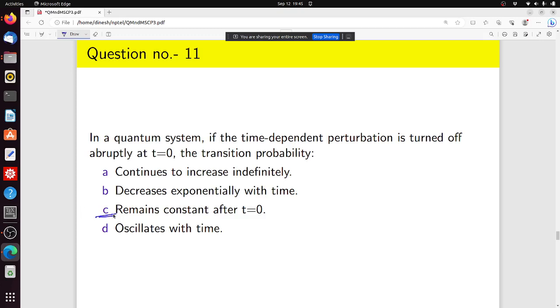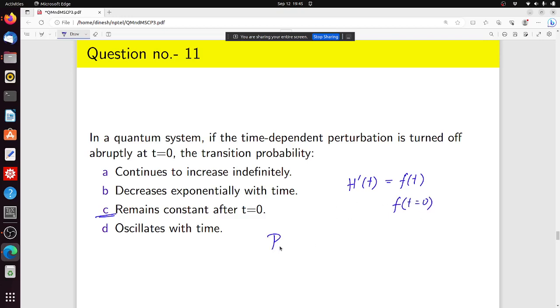So let's say you already gave a perturbation H prime of t, some function which depends on time. Now you turned it off. Now it's t equal to 0.